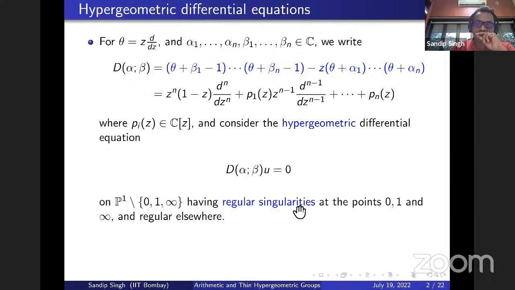So we say that suppose some point z naught in P1 minus 0 and infinity is a regular singularity of this differential equation.